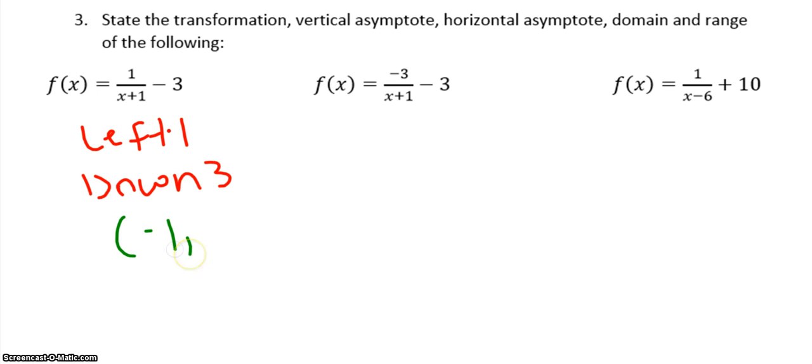Okay, now remember we had our hk. So our h was negative 1 and our k was negative 3. So that means our h, which is negative 1, is our vertical asymptote, so x equals negative 1. And then our k is our horizontal asymptote. Sorry, let me label this. That might help you.